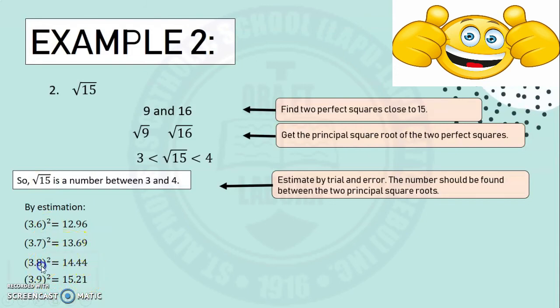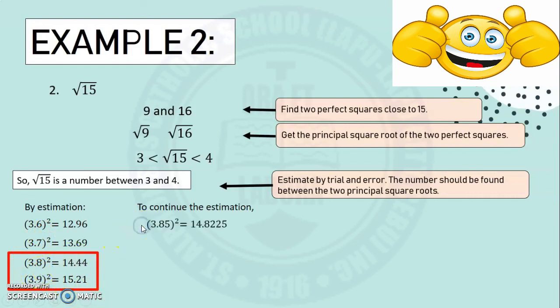Now, 3.8 and 3.9. These are the numbers, or between these two numbers, we can find 15, 14.44 and 15.21. So that means we will continue the estimation and we will think of a number between 3.8 and 3.9.